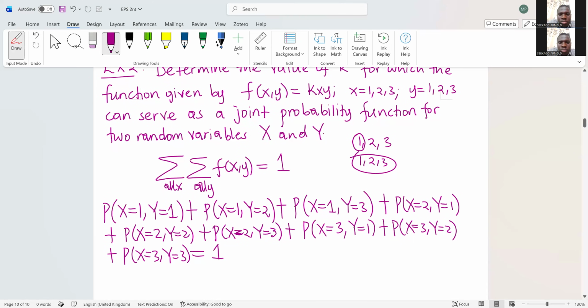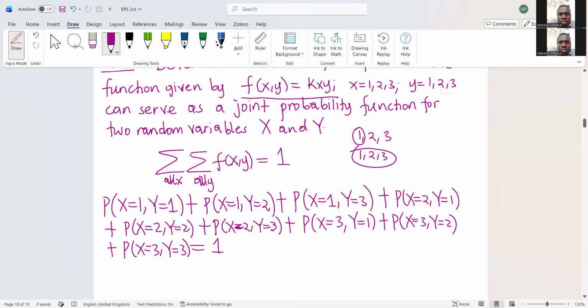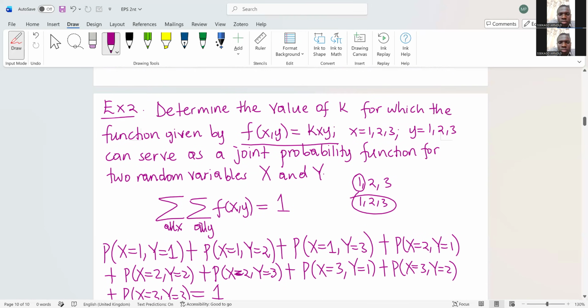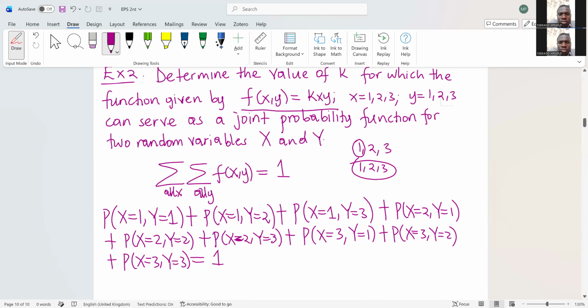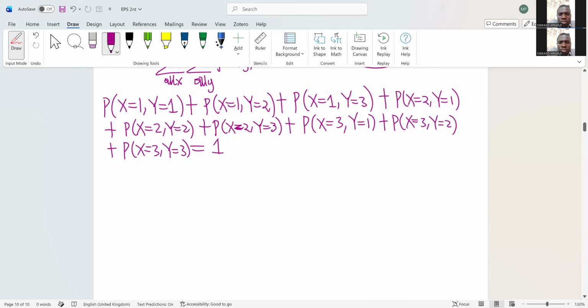Therefore, I start with x equals 1. As we substitute in our function, what is the function? The function was given as kxy. So I substitute in that function k times x times y.